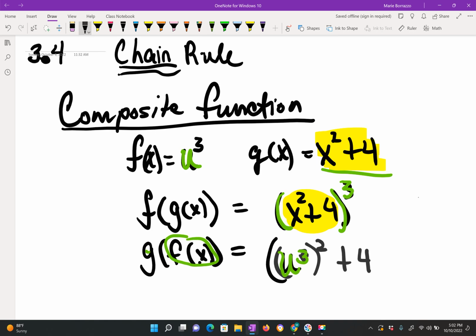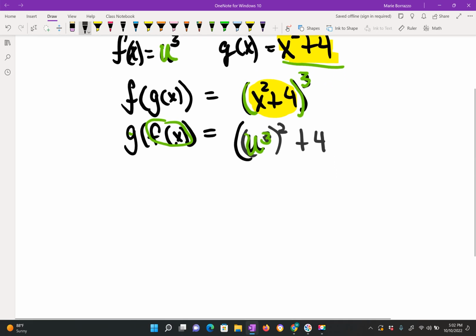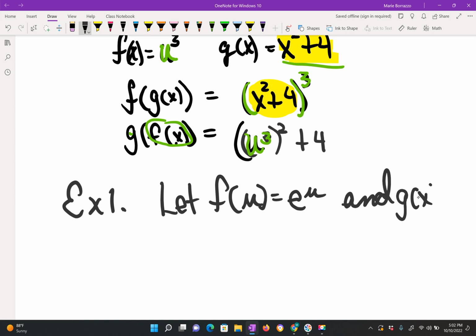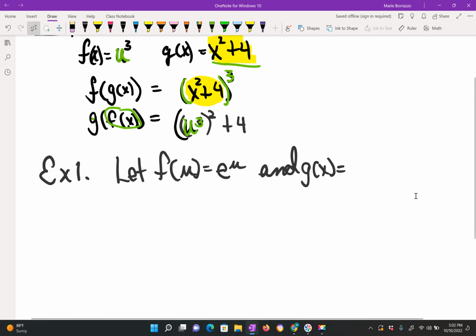Having said that, I'm going to do example 1. This is how they explain it, and I actually like this explanation. Let f of u equal e to the u power, and g of x equal negative 3x.